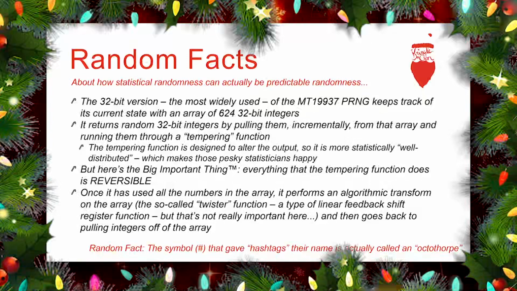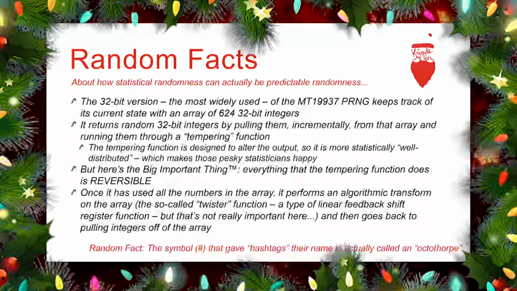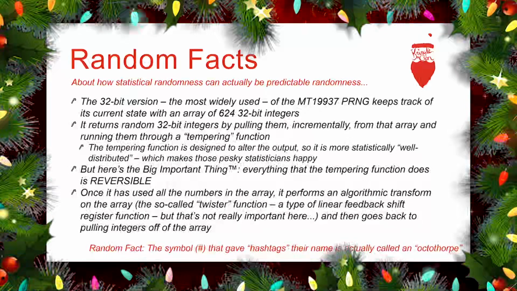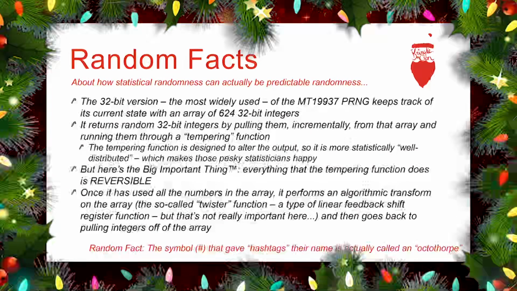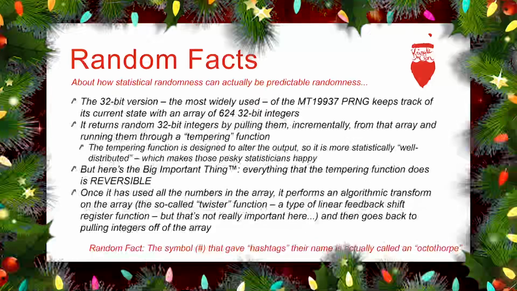It goes through that list of 624 32-bit integers, pulls them out one by one, and then hands them back to the user as the pseudo-random number after it's been pushed through what's called a tempering function. This tempering function is designed to make the output more statistically well distributed, and it is part of the algorithm that was developed back in 1997.